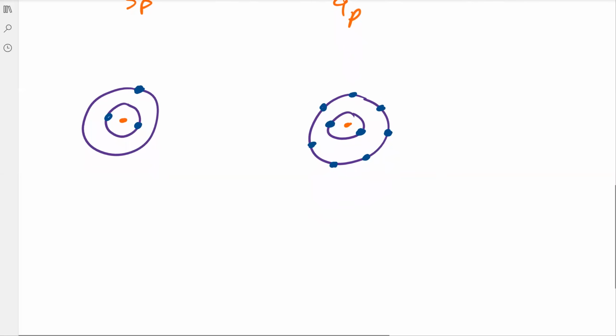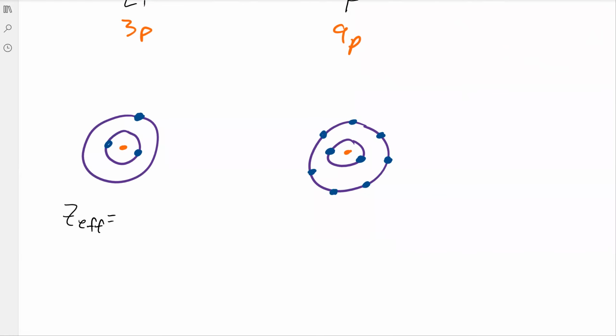So let's think about removing these electrons. To remove them, we have to overcome their pull from the nucleus, so we can think about our Z effective. What are these valence electrons feeling? For lithium, we've got 3 protons and 2 core electrons shielding, so each valence electron feels a pull of +1.